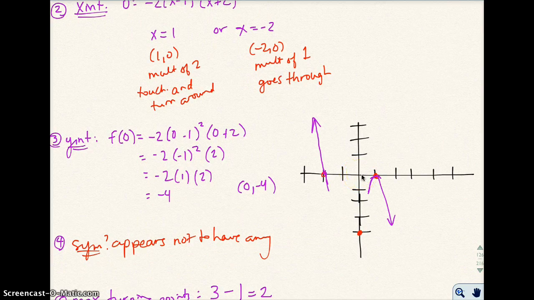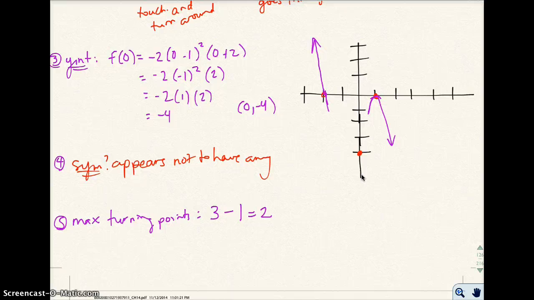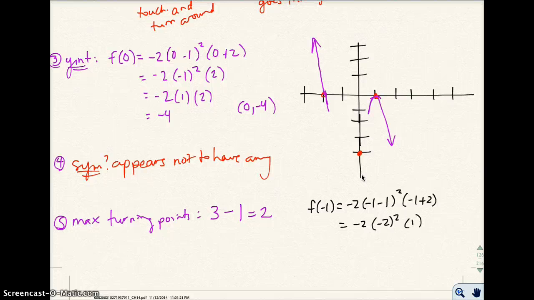So f of negative 1 is going to equal negative 2 times negative 1 minus 1 squared, and then negative 1 plus 2, which is equal to negative 2 and then negative 2 squared times 1, which is negative 2 times 4 times 1, which is negative 8. We get negative 1, negative 8.